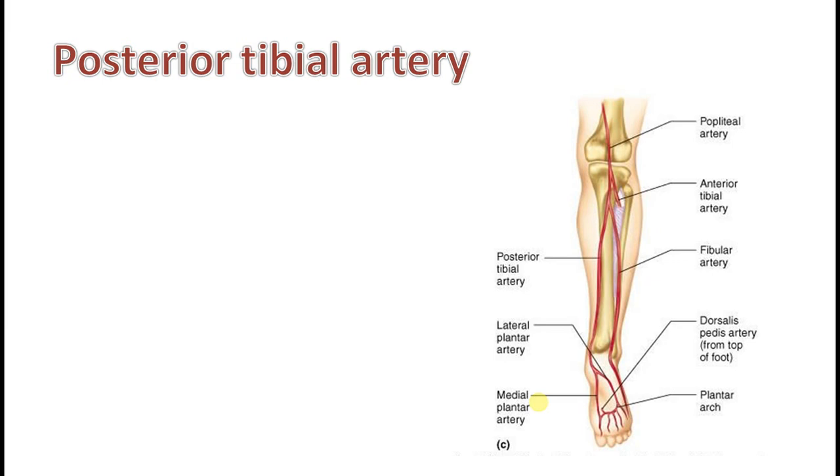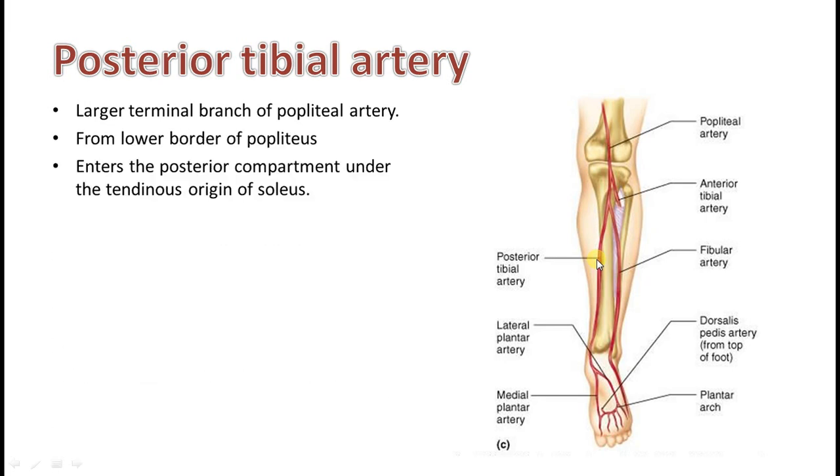Coming to the vessels and nerves, the posterior tibial artery is the large terminal branch of the popliteal artery. The popliteal artery divides into the anterior tibial, which passes through a gap in the interosseous membrane between the origins of the tibialis posterior muscle, and the posterior tibial artery.